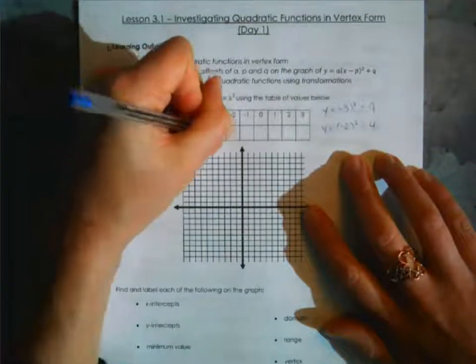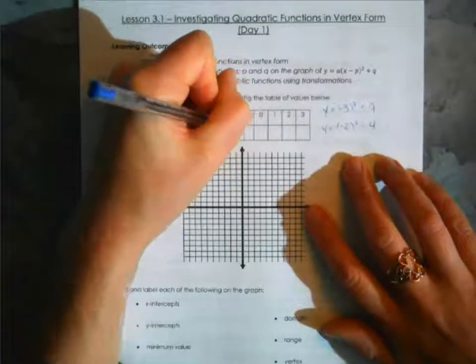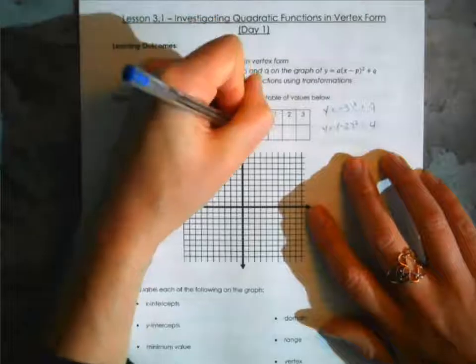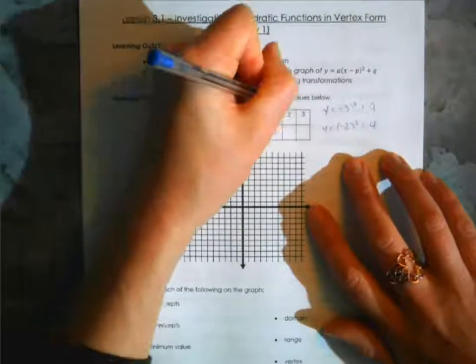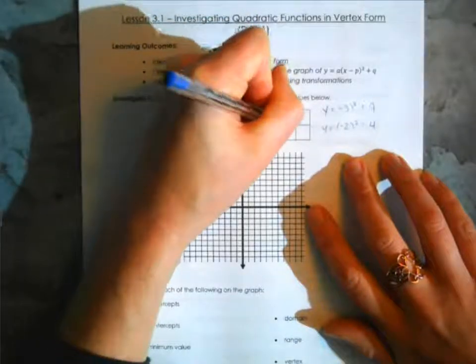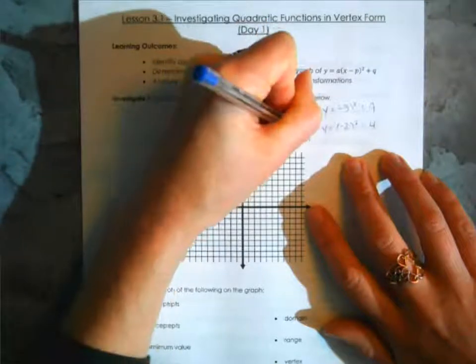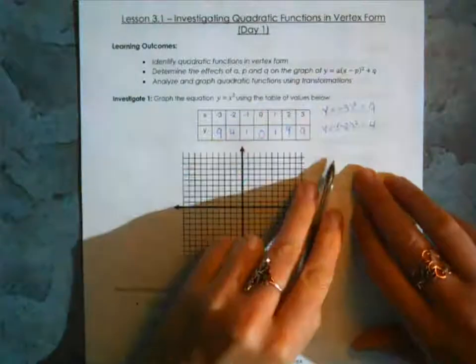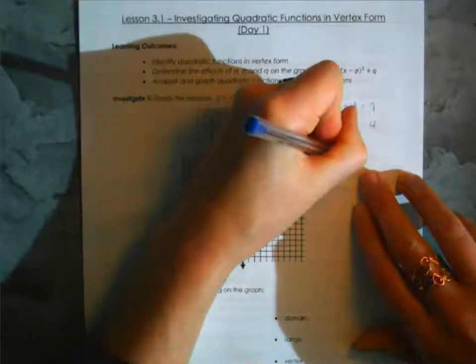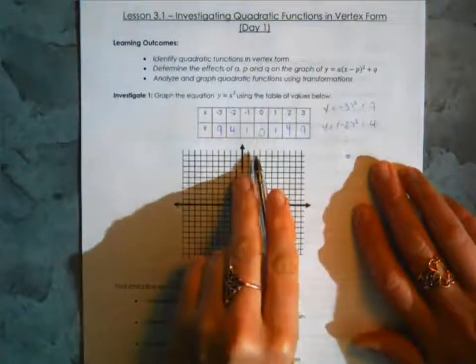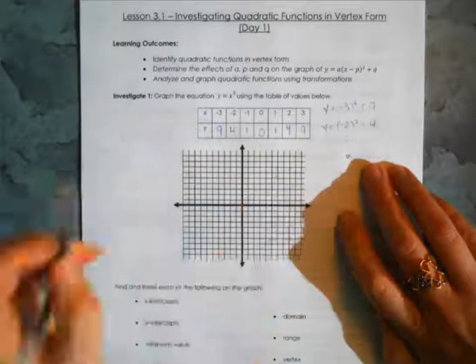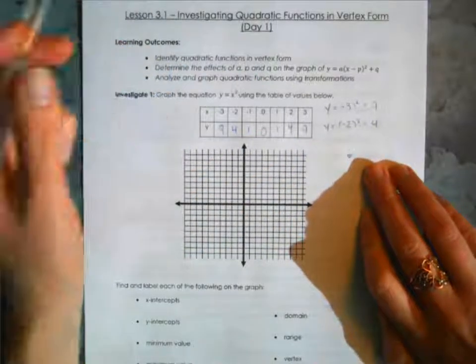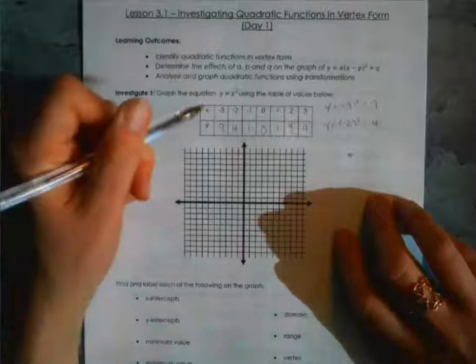So we have 9, 4, negative 1 squared is going to be 1, 0 squared is 0, 1 squared is 1, 2 squared is 4, and 3 squared is 9. Okay, so we have our values. You could keep on doing these calculations if you needed to until you get to the end, but because these are pretty straightforward, we could just do them ourselves.